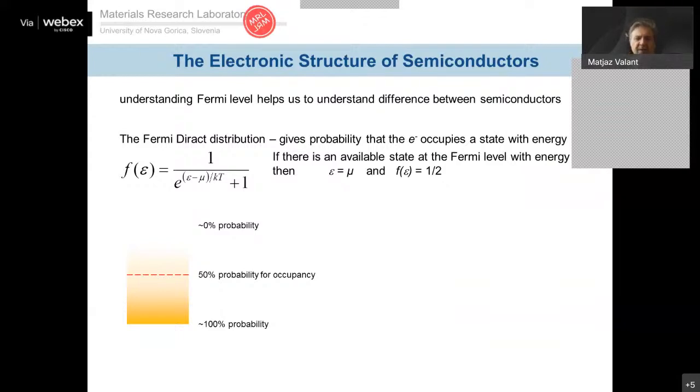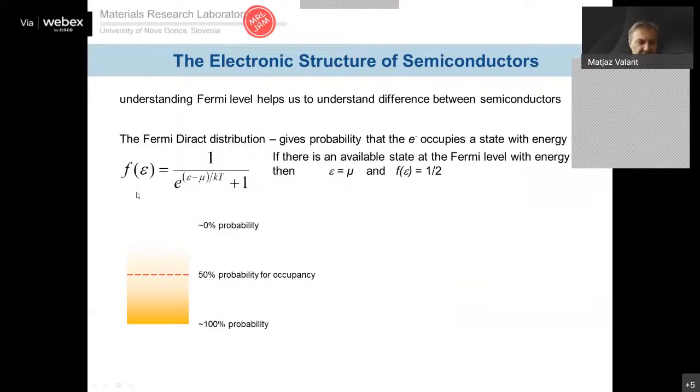So let's say we have a Fermi level with energy mu here. And now, if there is one particular state which has got the energy equal to the Fermi level energy, then the probability for the electron to occupy this state will be 1/2, or let's say 50%.